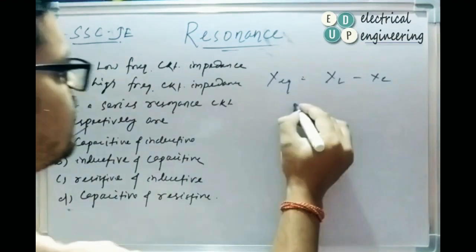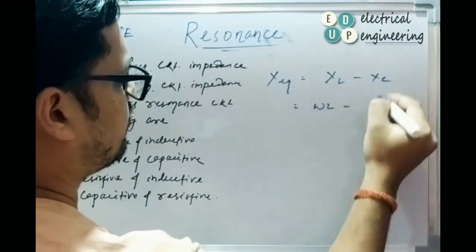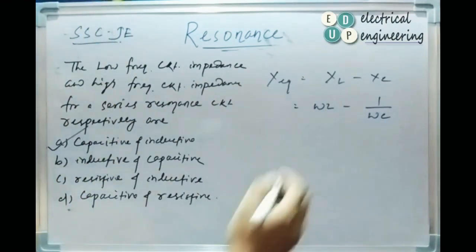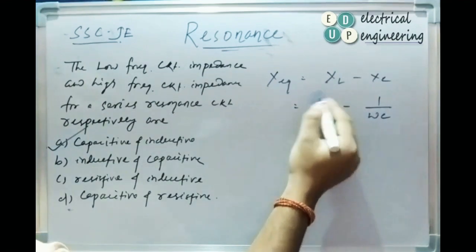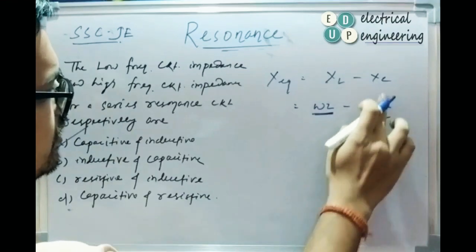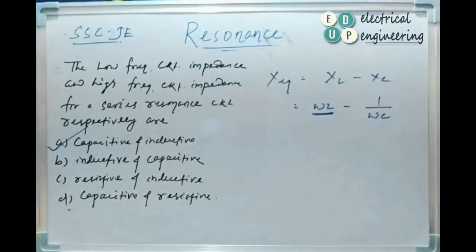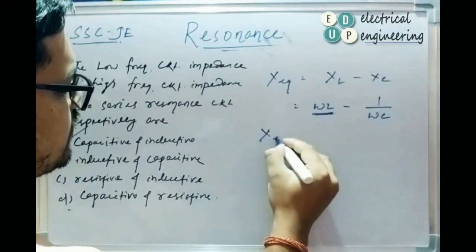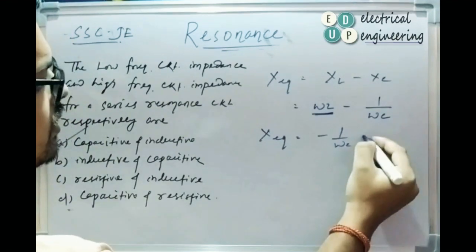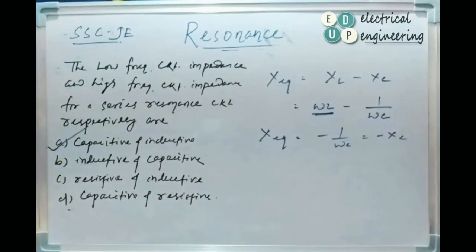That means XL is omega L, minus 1 by omega C. At lower frequencies, omega L will be neglected because this value will be low, and the remaining term will be 1 by omega C. So at lower frequency, X equivalent will become minus XC. So the circuit is capacitive.